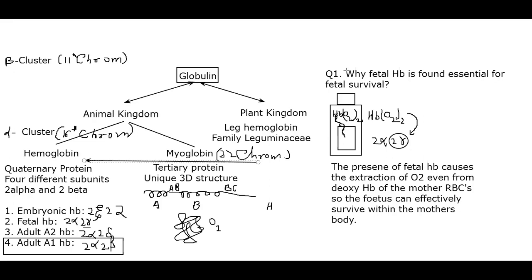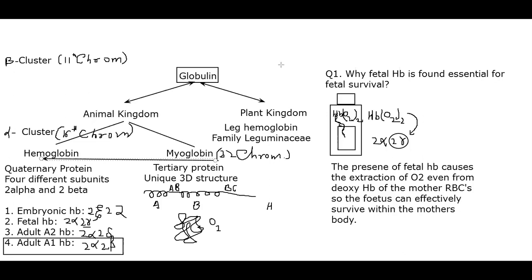So hemoglobin evolved from a single gene, the myoglobin gene. Then such genes began to duplicate themselves, and as they duplicated, they formed hemoglobin. On further accumulation of mutations and modifications within the structure of hemoglobin, 4 different types of hemoglobins were produced.